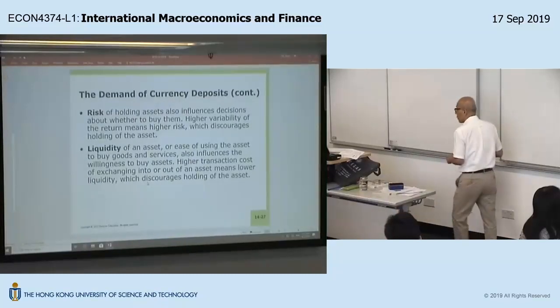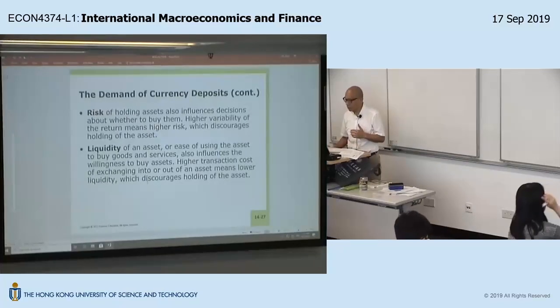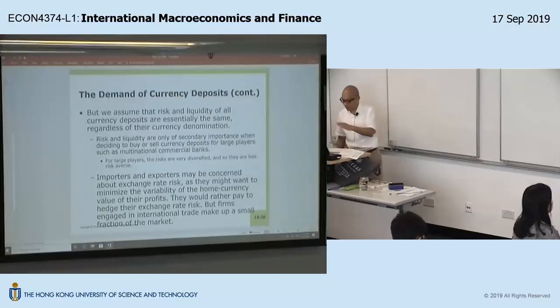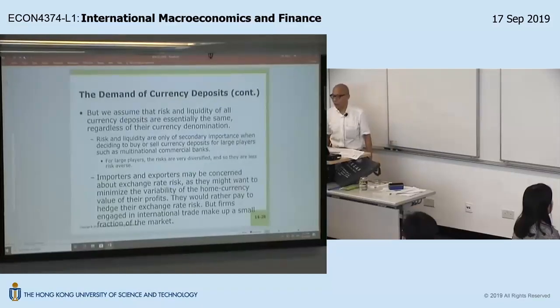Okay. So therefore, we tend not to worry too much about risk and liquidity. So here are a few slides that I try to explain why we don't have to worry too much about risk and liquidity.